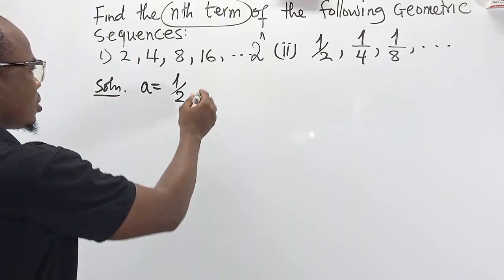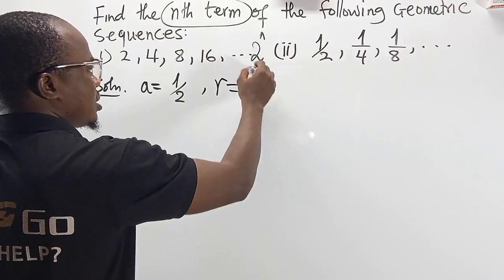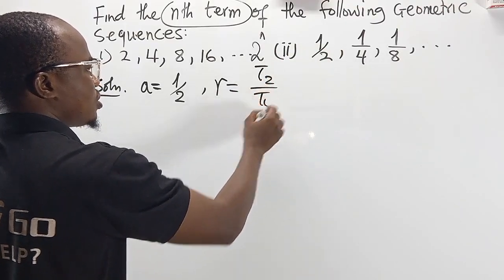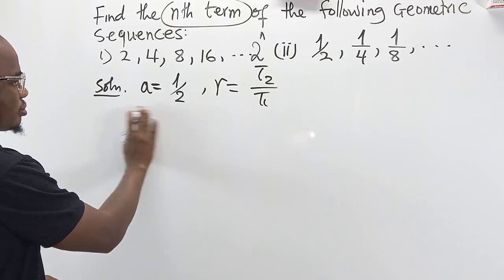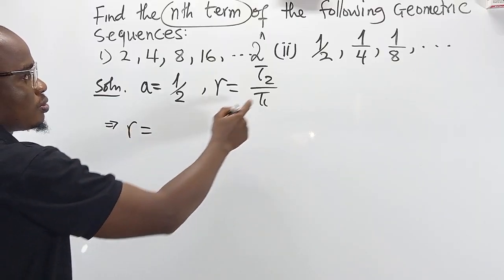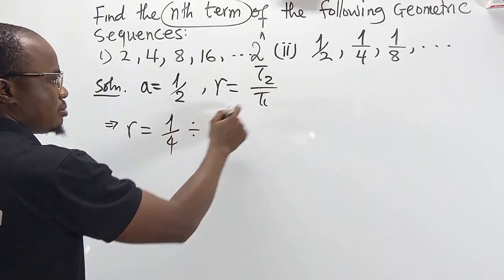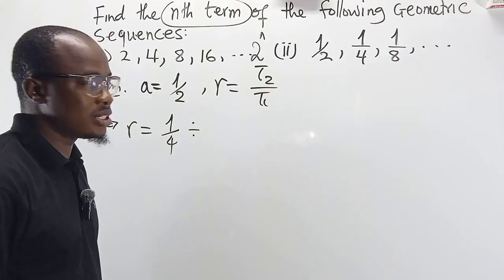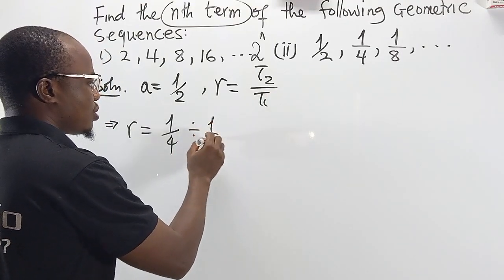So now our r is going to be T2 divided by T1. So we're going to have r equal to, what's our T2? That is 1 over 4, then divided by, change the division line to a division sign, 1 over 2.